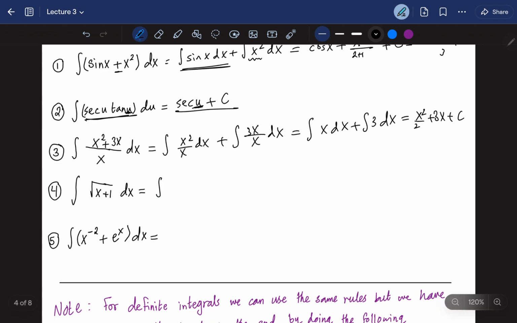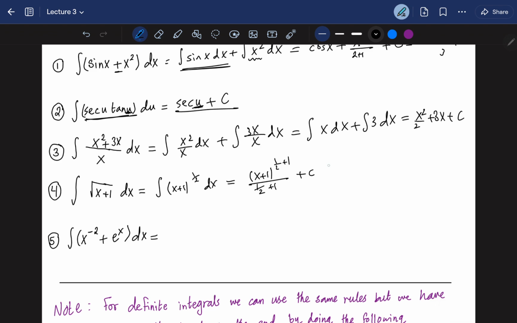Okay, now here I want to use the rules of exponents. Since I know that the square root is just an exponent of 1/2, using the power rule where I just add 1, plus c.